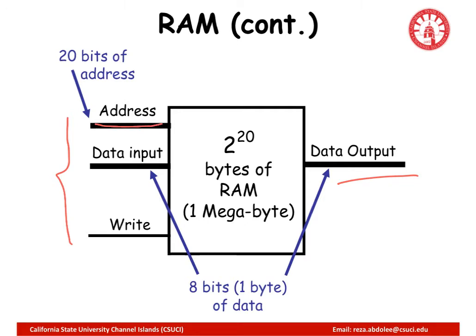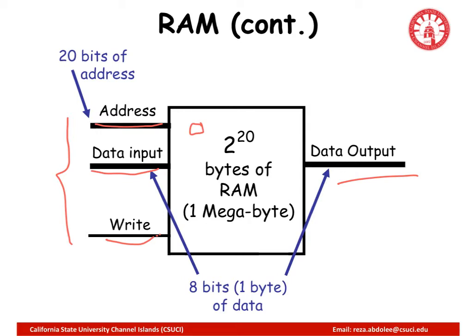We have the address bus, we have the data input, or wires for the data to get into the RAM, and also we have a pin called write. When this pin is enabled, the RAM is ready to receive the data, or write the data within itself. The address will tell the RAM which location within the RAM the data should be written to.